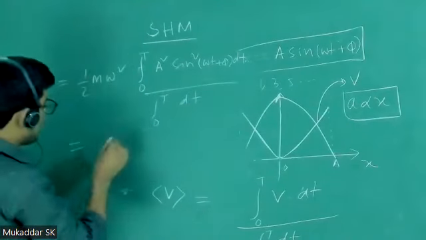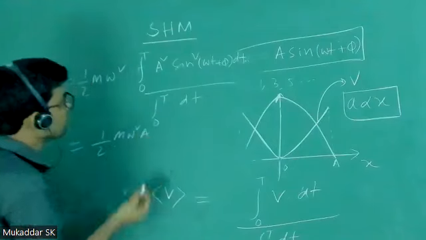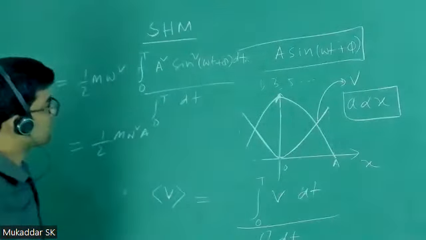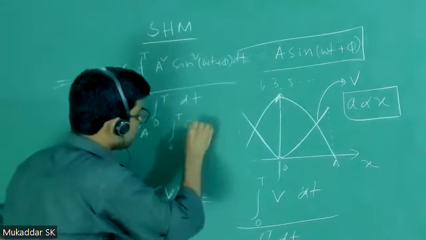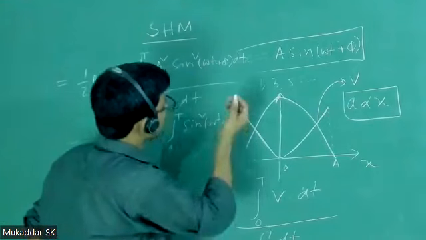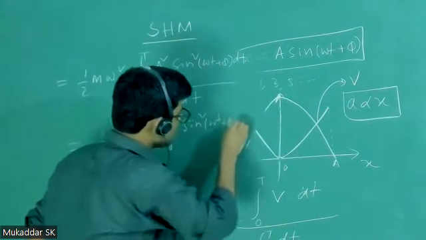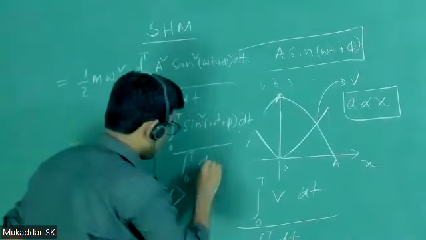So you can take a square outside also. So half m omega square, then you have a square, and then इसका इंटीग्रेशन करना पड़ेगा 0 to capital T sin square omega t plus phi, or theta, whatever it is. I have taken phi, so it will be phi dt divided by 0 to T dt.